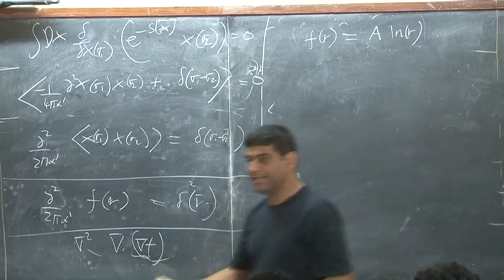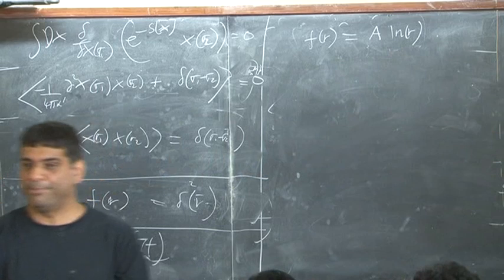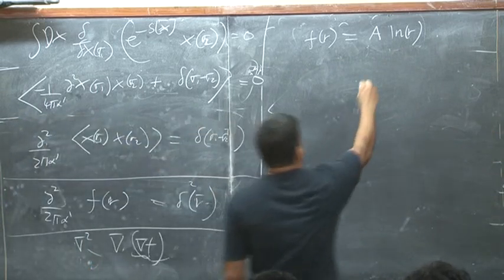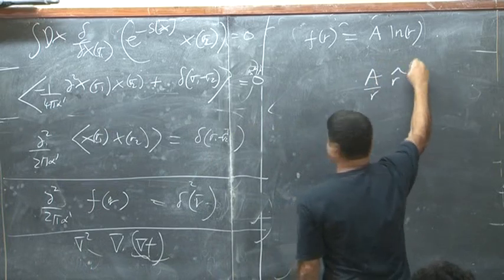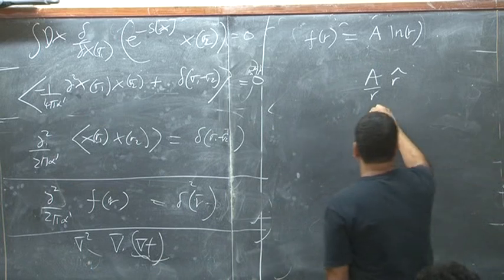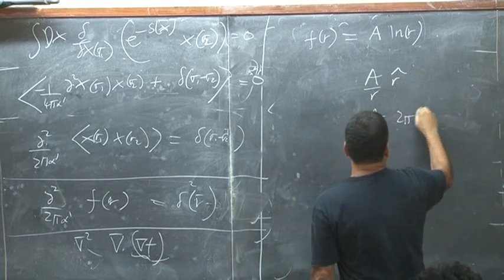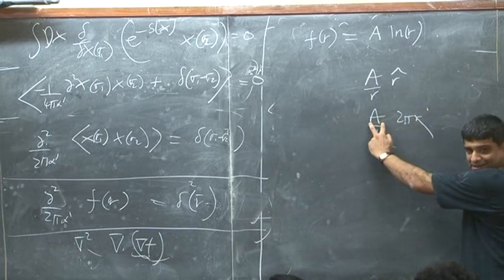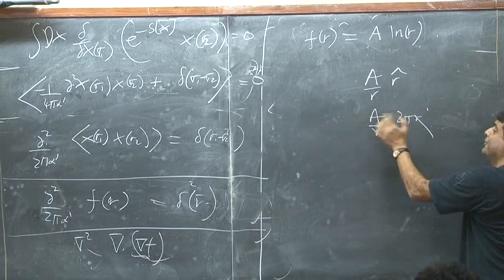And the extent to which it's not killed, you can judge by computing the flux of its gradient. So what's the gradient? The gradient is a by r, r hat. Integrated around the circle, you get a by r times 2 pi r. So log r has flux 2 pi a.